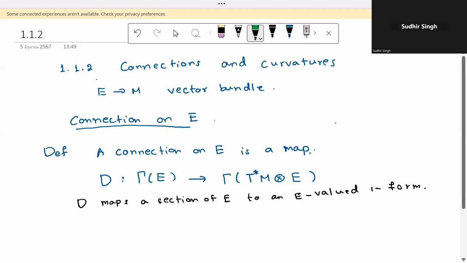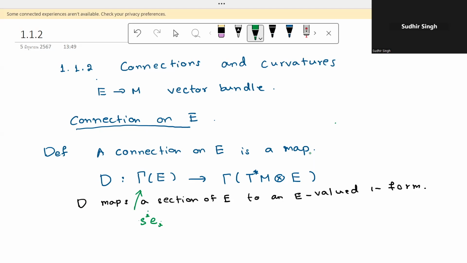Recall that in local trivialization, suppose the set e_i is a local frame field, then you can write any section in this form, where I'm using Einstein summation convention. The s^i are component functions, that is, functions.